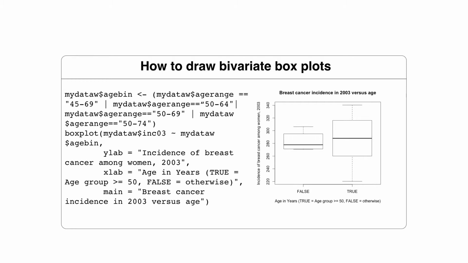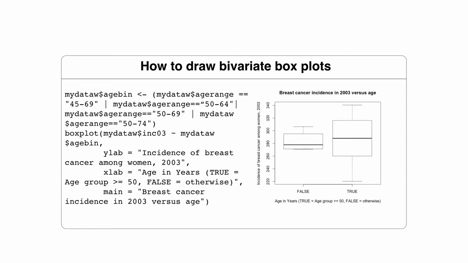Here, the idea is this: in order to do this, I have divided the age into several groups. I've converted the age into a binary variable.